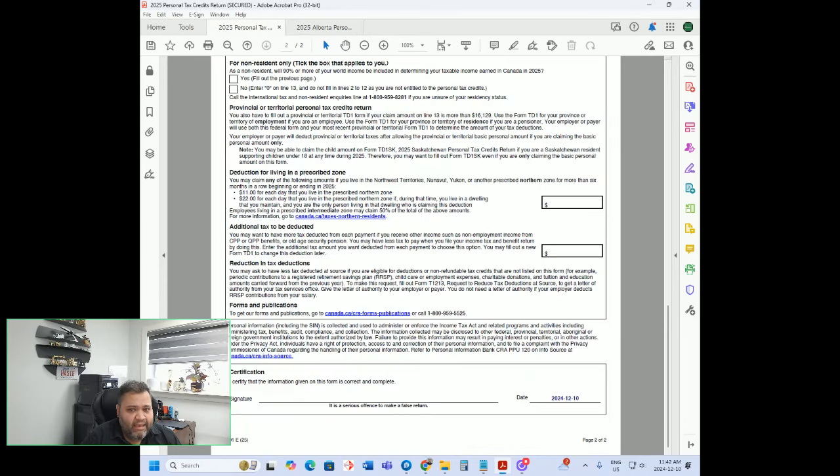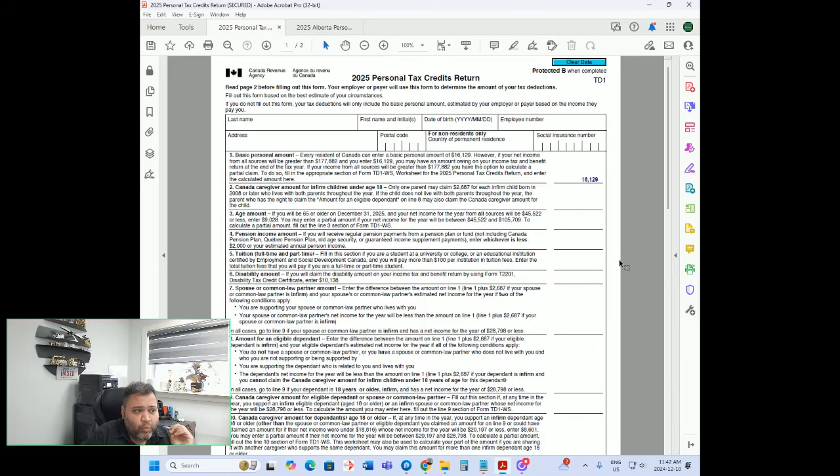So now our second scenario: you have filled out this form for one of your employers, you have worked until June, and now you're switching to a different job. If you are switching to a different job, you cannot reuse this amount.